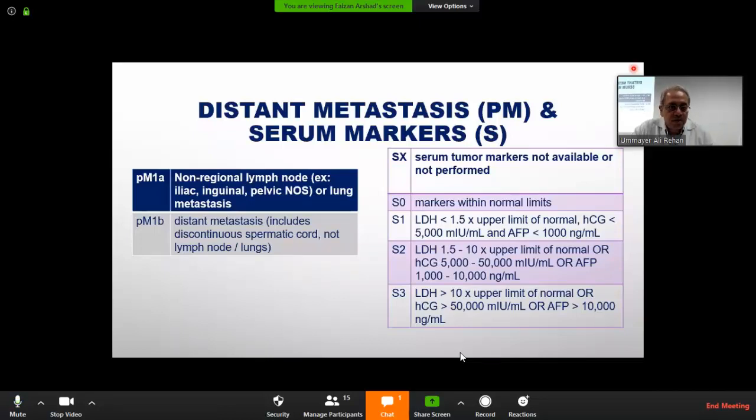It will not be seminoma. If AFP is there, then it will be seminoma, and then according to its concentration and value, you will follow whether it is increasing or decreasing after you have done some surgery or chemotherapy.